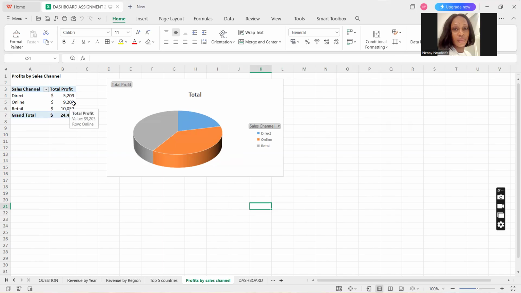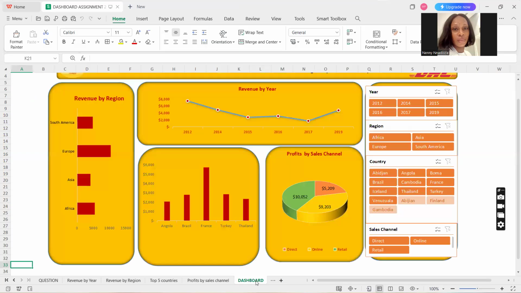Followed by the online, which is the part of the pie chart in orange, at $9,203. Then retail has the highest, obviously, at $10,052. That's really nice. This shows that people used the retail sales channel when ordering their goods more than they used every other sales channel. So let's move to the dashboard.